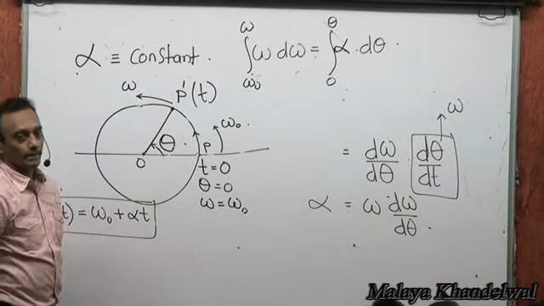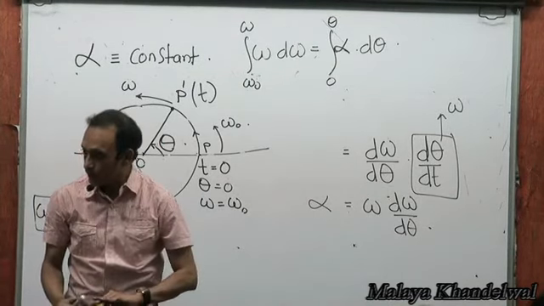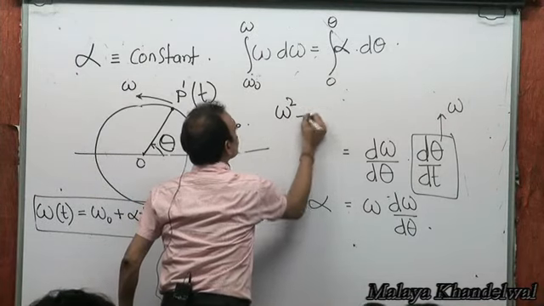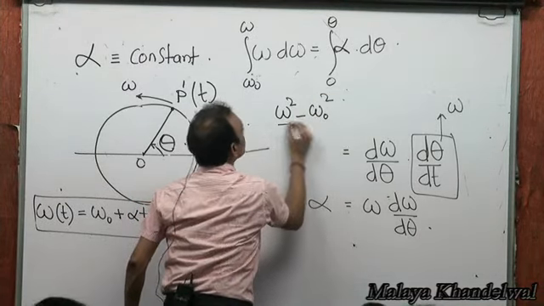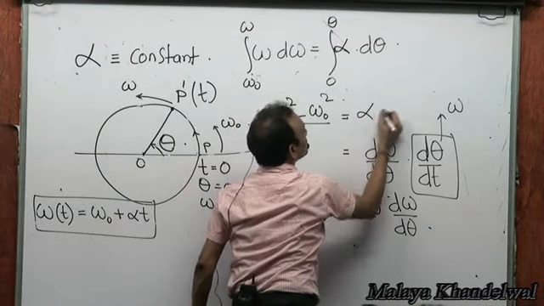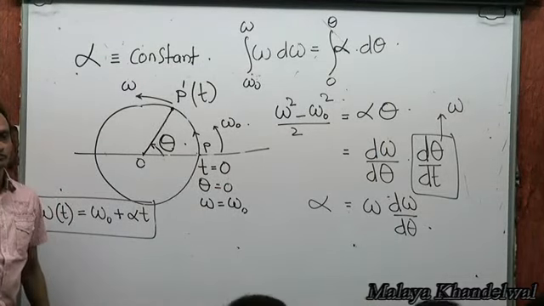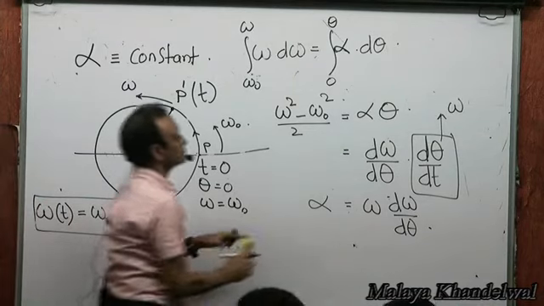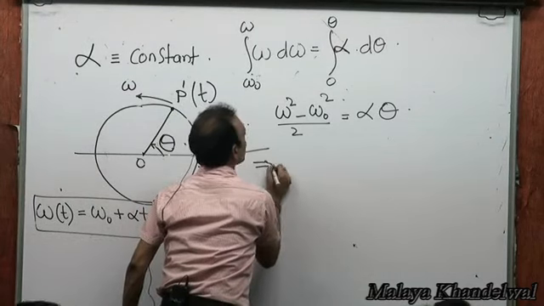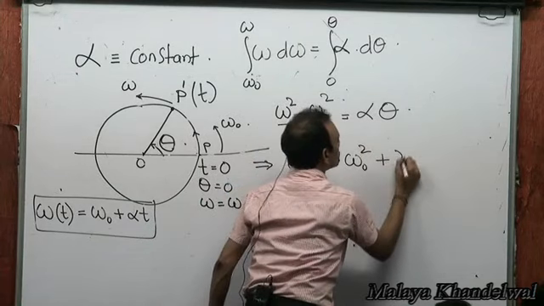When I integrate omega d omega, what do I get? Omega squared by 2. And when I supply the limits, I get omega squared minus omega naught squared by 2. The alpha will come out. Integral d theta would be theta. Confused? No. This gives me omega squared equal to omega naught squared plus 2 alpha theta.